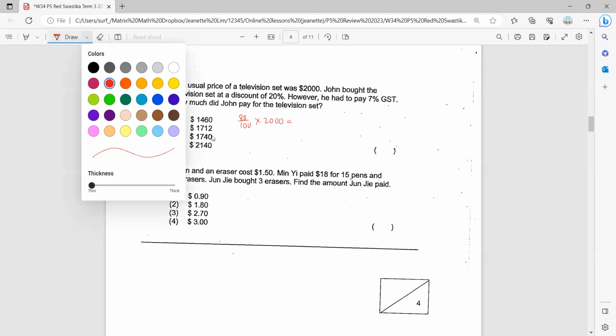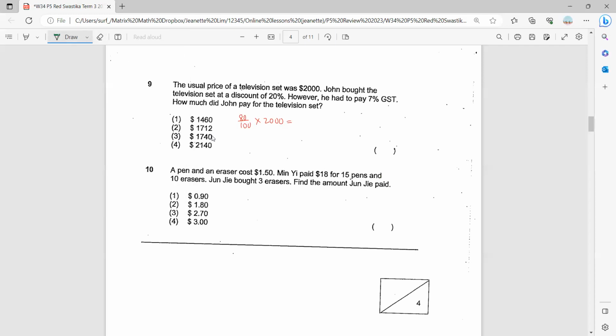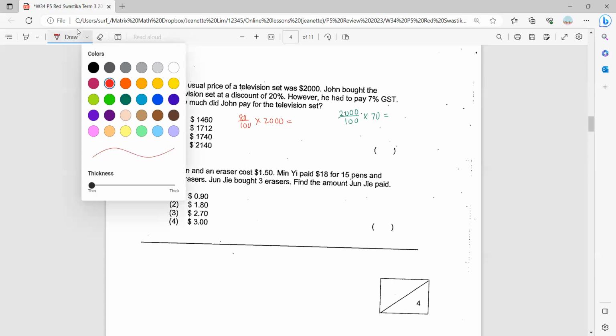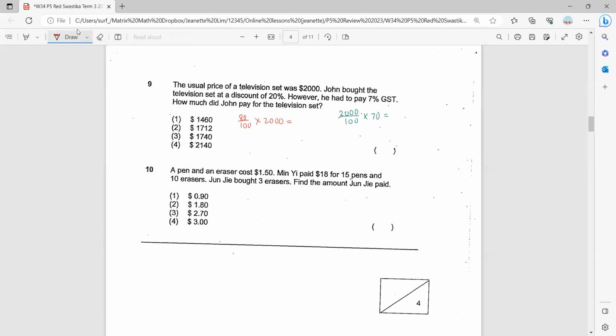Or you can do it another way. If 2,000 is 100%, you can take 2,000 divided by 100 to get 1%, then times 80. Oh, sorry, 80%, not 70. It's a slightly different approach, but the answer is the same.